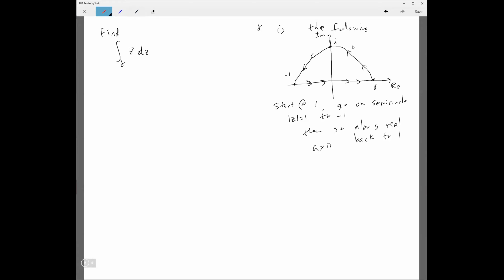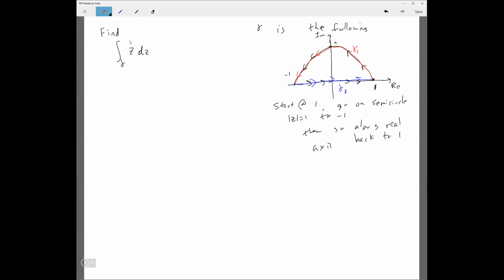So what that said is that we can change it into 2 paths. So let gamma 1 be this path right here along the semicircle, and then let gamma 2 be this path along the real axis. 2, not 1. And then you can parameterize.